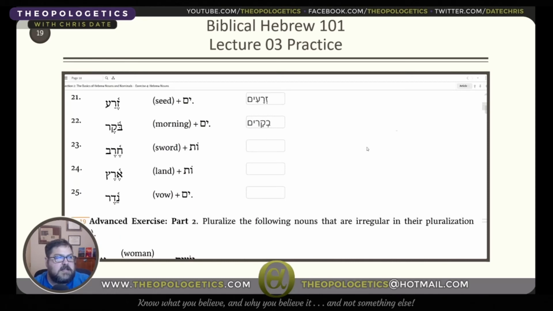Here's a segholate, but now we're in the feminine, so ot is the pattern. So ch, ra, vot, chravot. Oh, but notice that the chet is a guttural, so this is going to have to be the chataf patach, chravot.